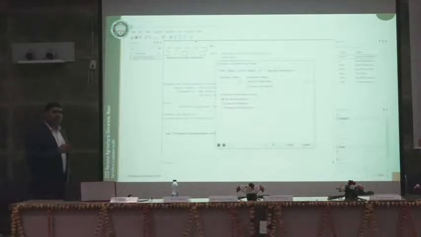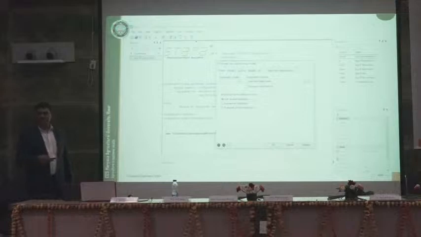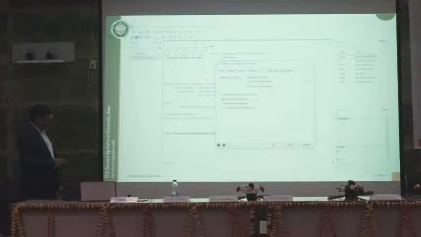So first you have to run simple regression, then find the residuals, then draw the graph, and check which distribution is followed by the residuals. Okay, then click on OK.